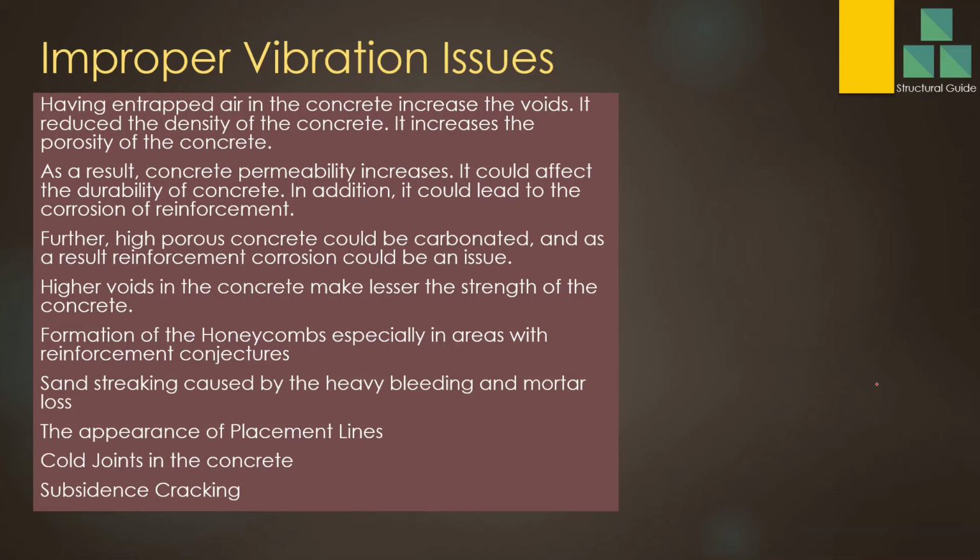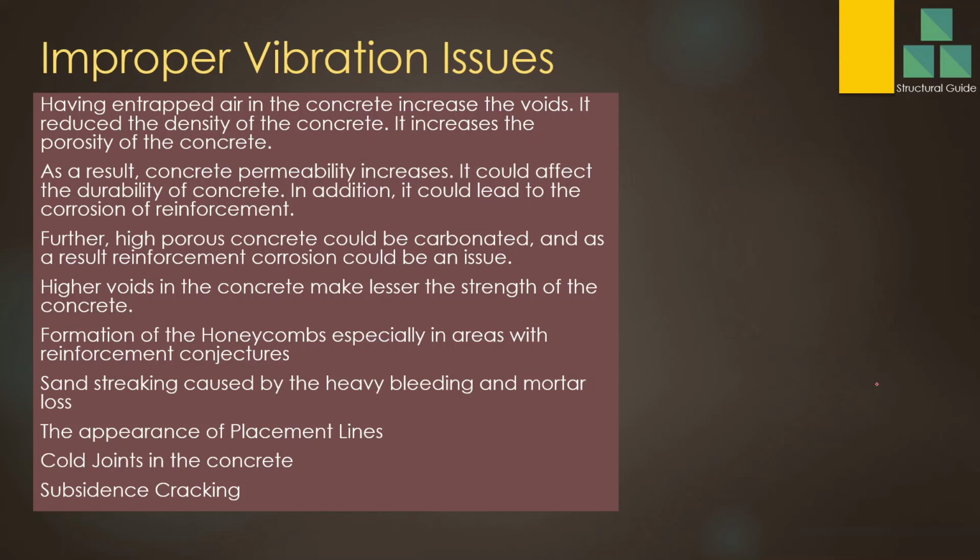The appearance of a placement line is another issue. When you place one layer and thereafter place another layer on top of that, if you don't overlap those two layers by vibrating, you can sometimes see this placement line in the concrete surface, which could affect the appearance of the concrete. There may also be other issues with improper vibration.